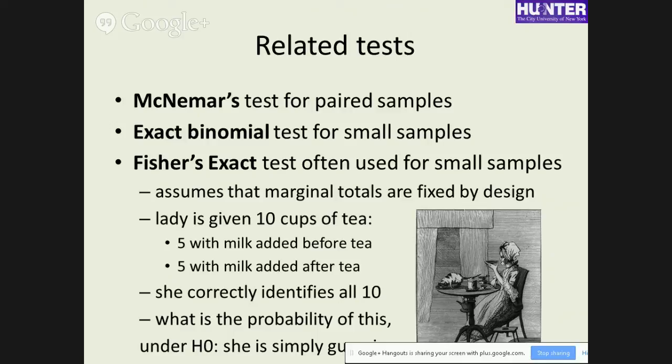It would be like not telling the lady that they're 5 and 5. So she might, under the null hypothesis where she has no idea, say all 10 of them had milk added first. So there are just more possibilities under the null hypothesis of the chi-square test. If it's not a fixed marginal total, it's a binomial test, and chi-squared is just an approximation to the binomial test.